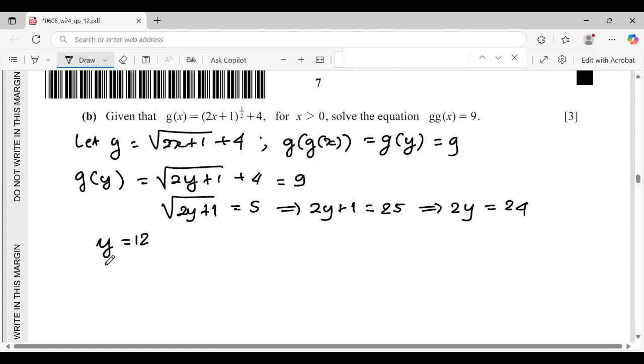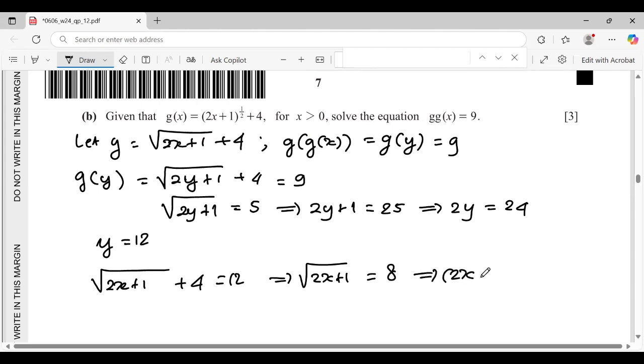Y equals 12, substitute into this information. The square root of 2x plus 1 plus 4 equals 12, or the square root of 2x plus 1 equals 12 minus 4, which is 8.